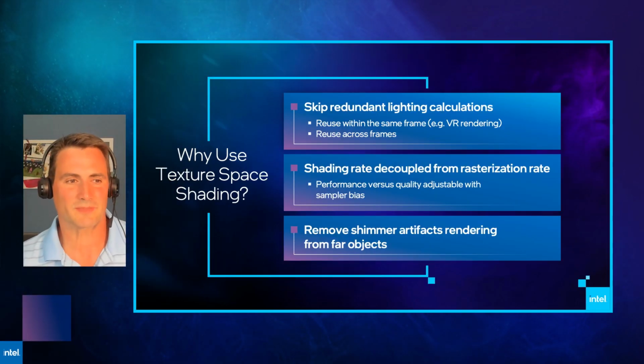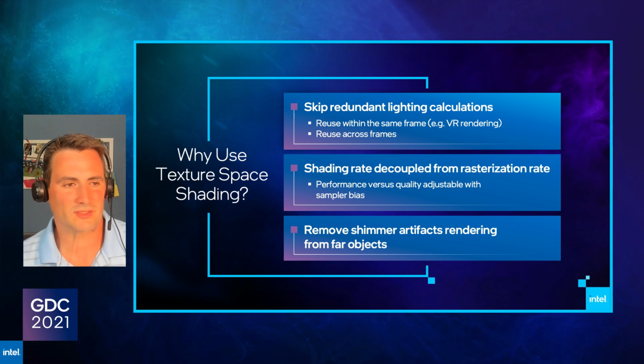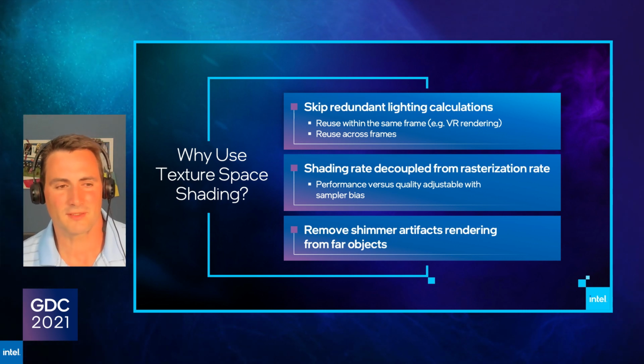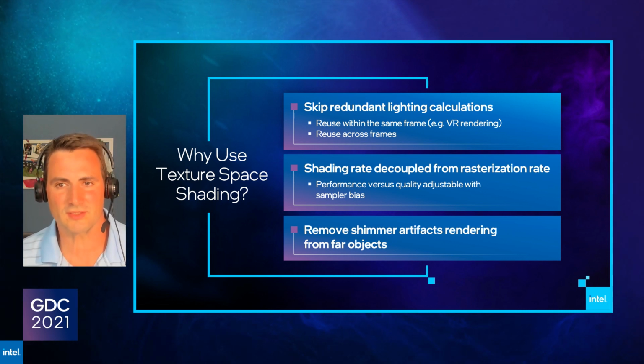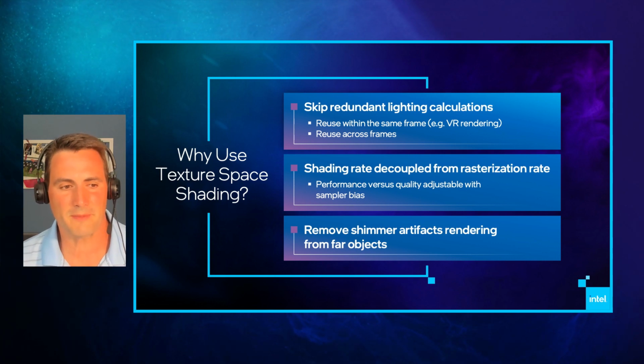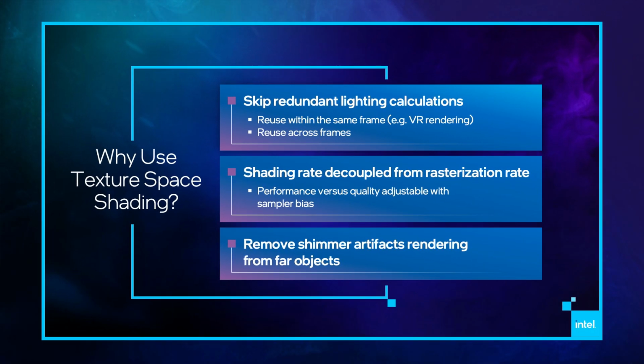So why use texture space shading? Well, texture space shading has many advantages. The first primary advantage is reuse. A couple of scenarios. Reuse can be done for a scenario like VR. We can shade once in texture space and then reuse those shaded texels when rasterizing the scene once for the left eye and once for the right eye.